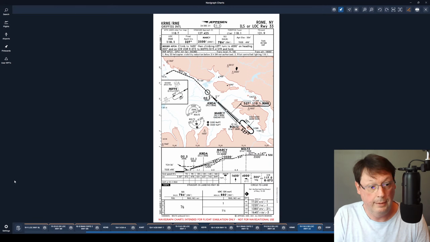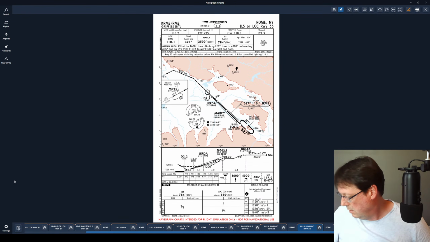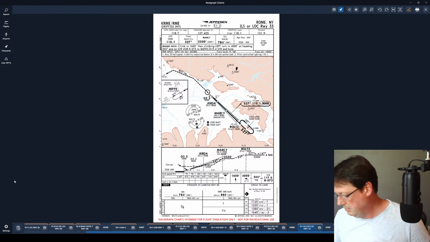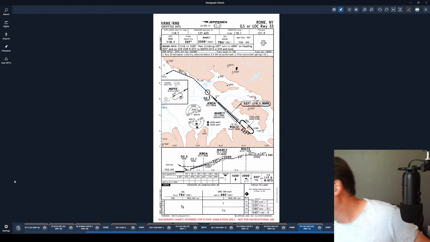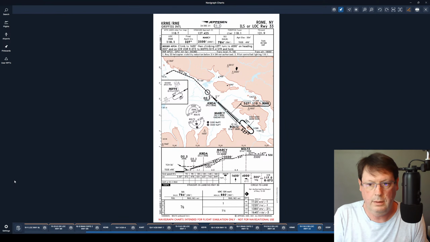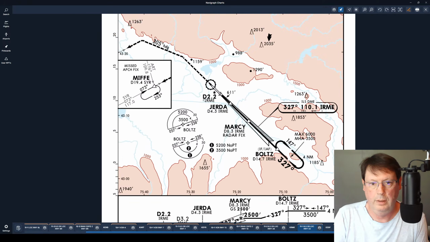Yes, cool. Okay, it captured. So, all right, let's fly the approach. What we're gonna do, and this is my home airport, by the way, is take off from the runway.